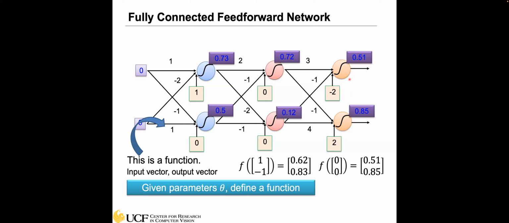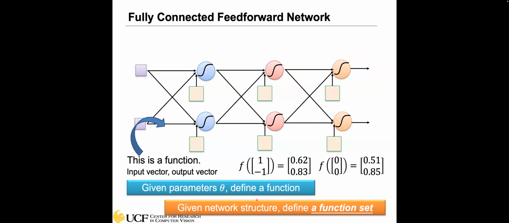So that is considered a different mapping function. For the same network structure, if we change the parameters, we change the mapping function.